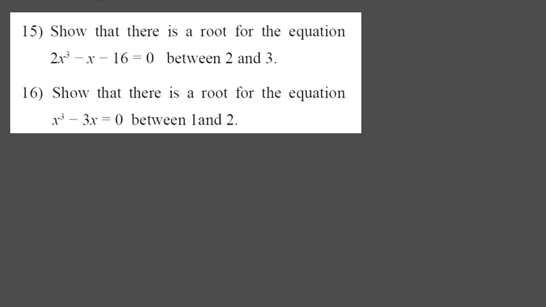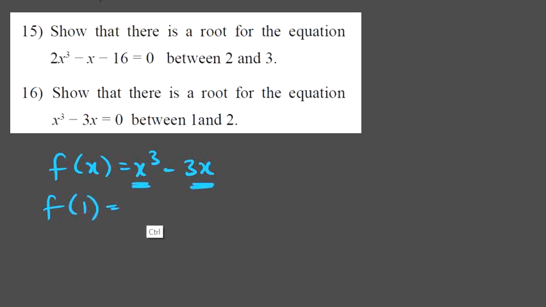Similarly, if you try to solve the 16th question, you can say that we will take f of x as x cube minus 3x, and we need to show that there is a root between 1 and 2. So f of 1 is 1 minus 3, which is equal to minus 2, and f of 2, that is 8 minus 6, which is equal to 2.